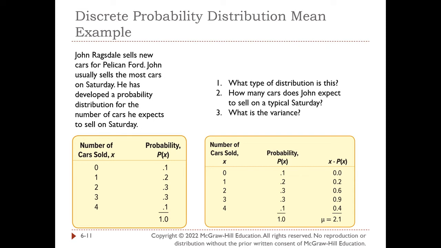How do we do that? Well, take x times the probability of x to occur, and then we just add them up.